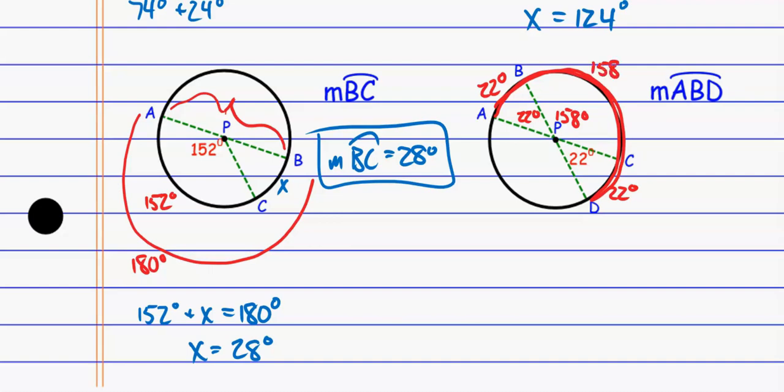That's a 158. Well, now I have all three pieces that I need. It's just the 158 plus the 22 plus the other 22 to give me the whole way around that arc. And when I add those together, I get 202 for this one. So the measure of arc ABD is 202 degrees.